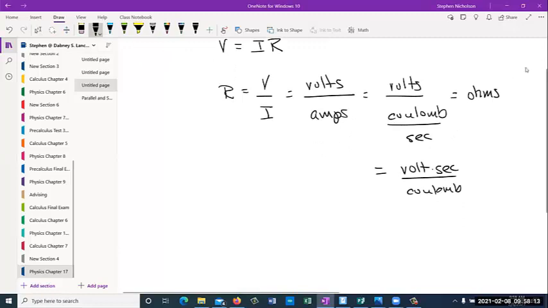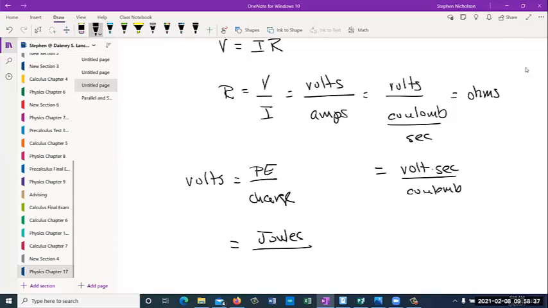So current is coulombs per second. Voltage is just voltage. Well, actually, no, that's not true. Volts, if you remember, where does that come from? That came from potential energy per charge. Energy is joules, charge is coulombs. So that's volts. So let's stick that in there.